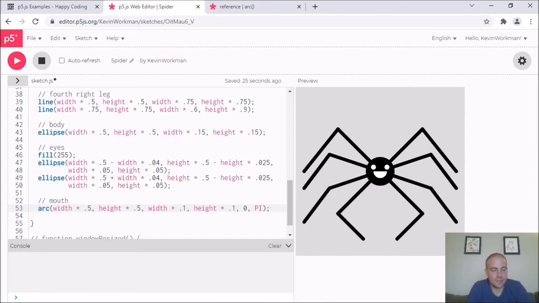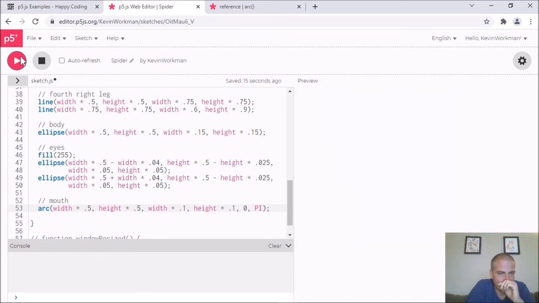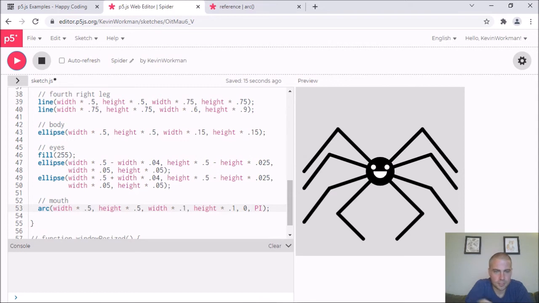I think maybe I want to move it down a little bit though. So instead of starting at height times 0.5, I'll start at like height times 0.6 maybe. Just kind of move my, oh no, oh my goodness, that's not great. My spider's mouth fell off. Why? I think it's just because 0.6 is such a big change. I need to be like 0.55, like something really tiny.